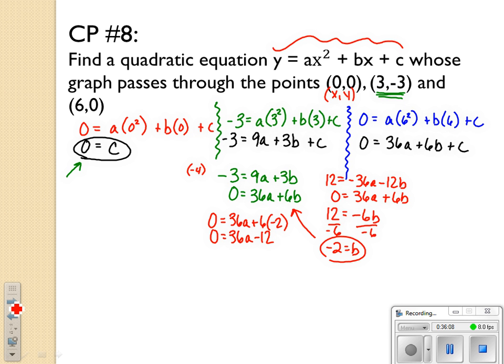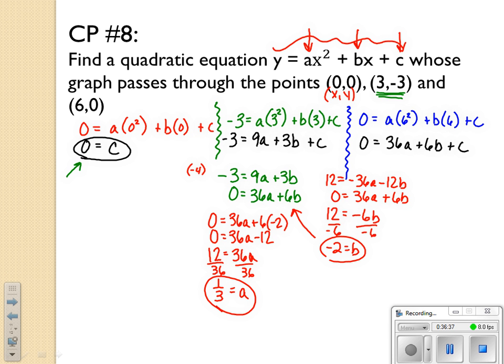Move the 12 to the other side. And divide off the 36. Do not punch that division into a calculator. 12 over 36 simply reduces to 1/3. All right, so A, B, and C are the numbers that are in your quadratic.